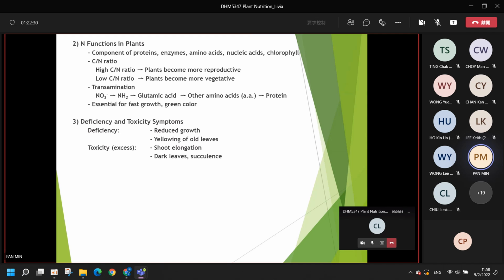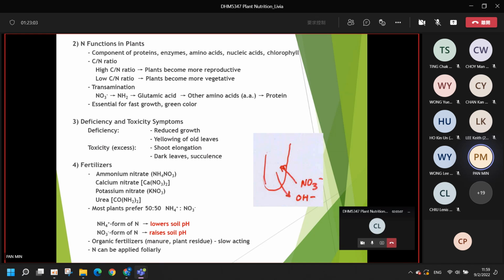And toxicity, which means too much nitrogen in the soil and in the plants, will cause shoot elongation. You can see the leaf showing a dark color, and also succulence of the leaves, and it easily causes pest problems.